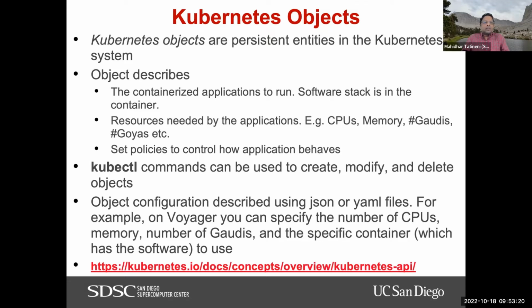And then kubectl can be used to essentially create this object based on whatever resource requirements and environment you're requesting, and then run things within that. The object configuration can be described using JSON or YAML files. We are basically using YAML files in our case.